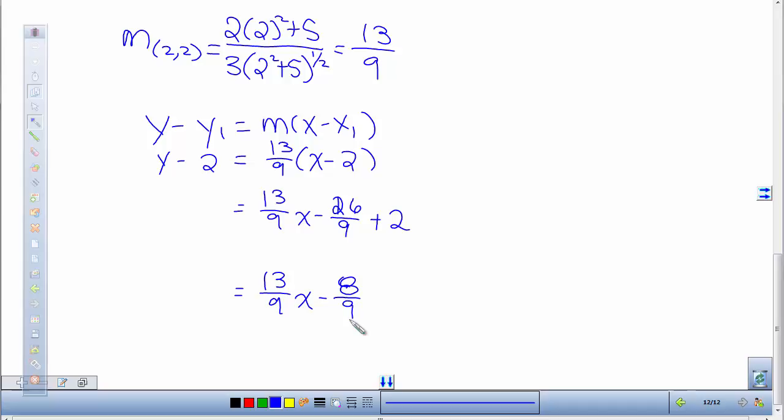Questions about this? Well, in this case, for an equation of a line, it's standard to write it in y equals form. I'm talking about when you plug in to find the slope.